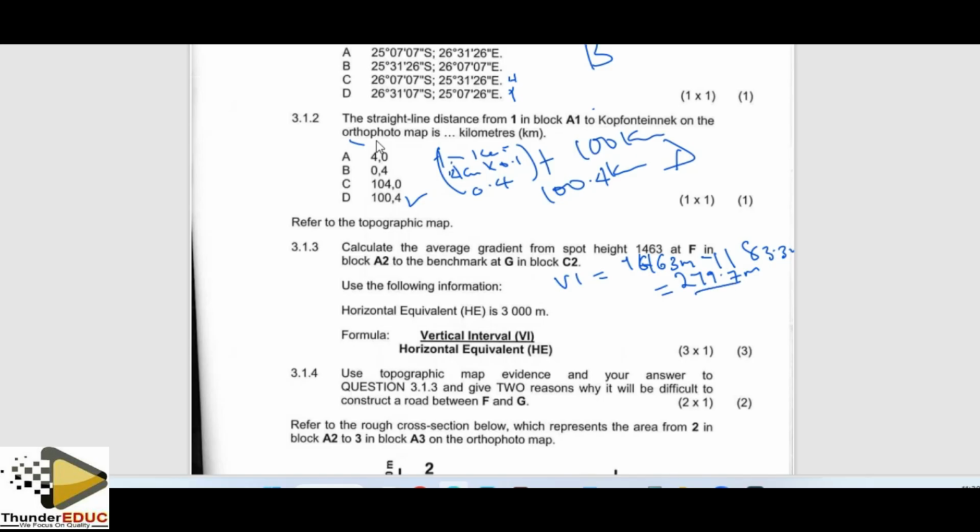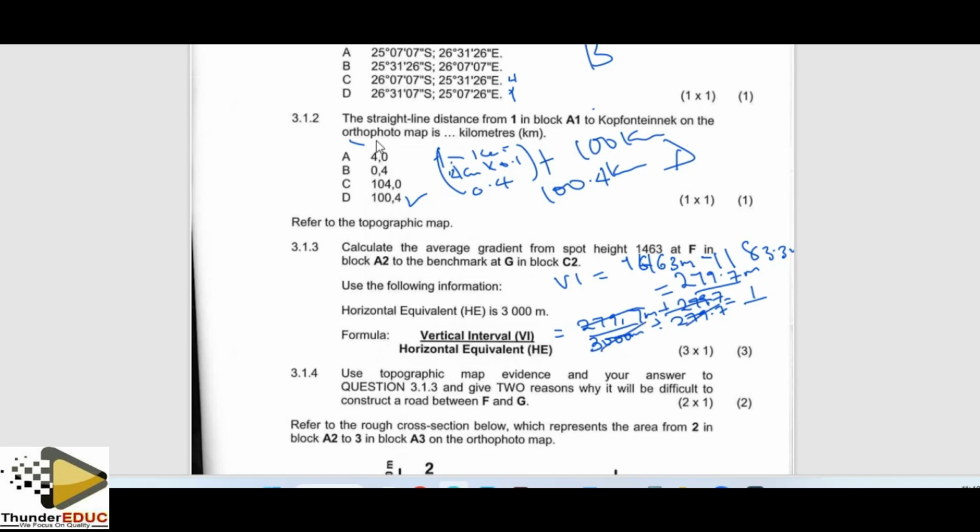But remember, the HE is given. We apply it in the formula. So it's going to be 279.7 meters over 3,000 meters. So divide by 279.7, also divide by 279.7. This goes into this once, over this goes into this how many times?